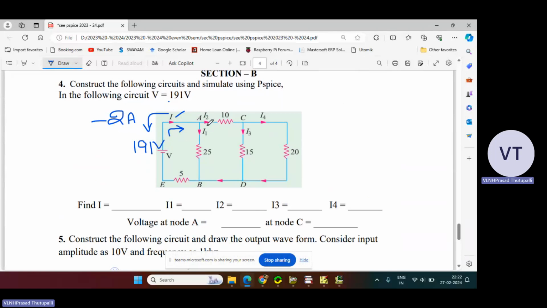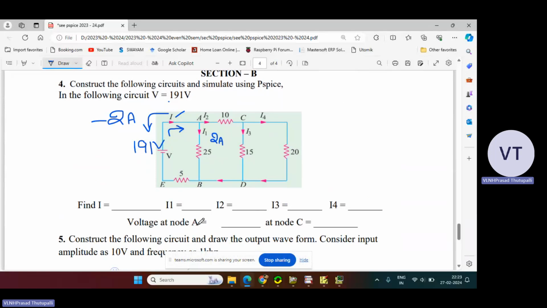If the current from A to B, which is I1, is positive, let us suppose 2 amperes, then the current flowing from B to A is minus 2 amperes. That is the only difference between the problem where direction is given and the problem where the current directions are not mentioned.